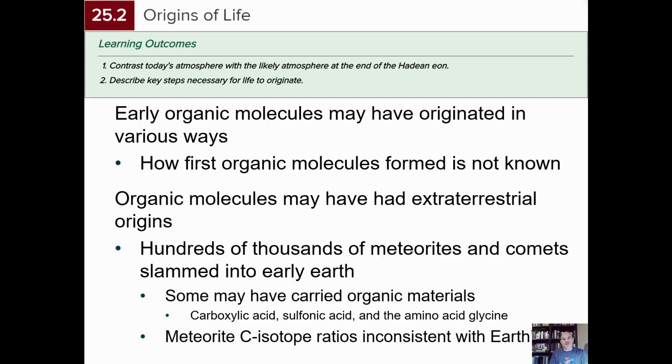And then we want to make sure that we can outline the key steps that would be necessary for the origin of life on this planet. Now, what we do know is that at some point we had to go from abiotic, or non-living, to biotic, or living, and we know that the basic unit of life is the cell. So at some point cells formed.